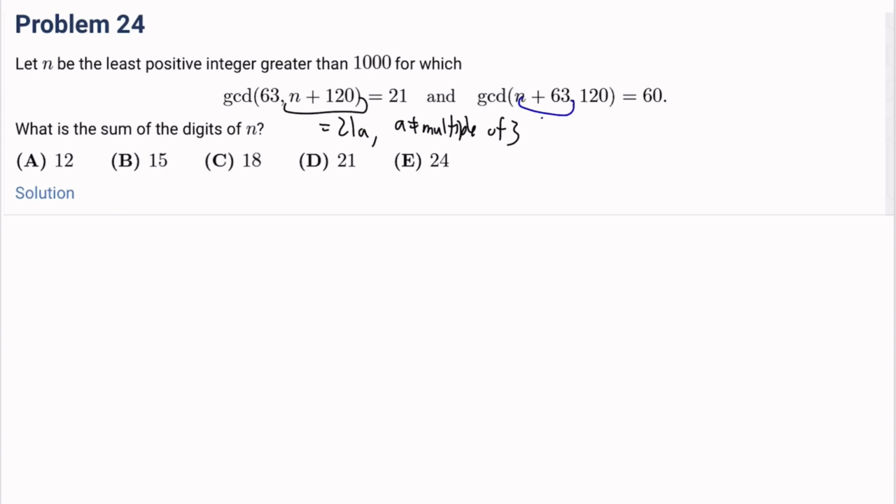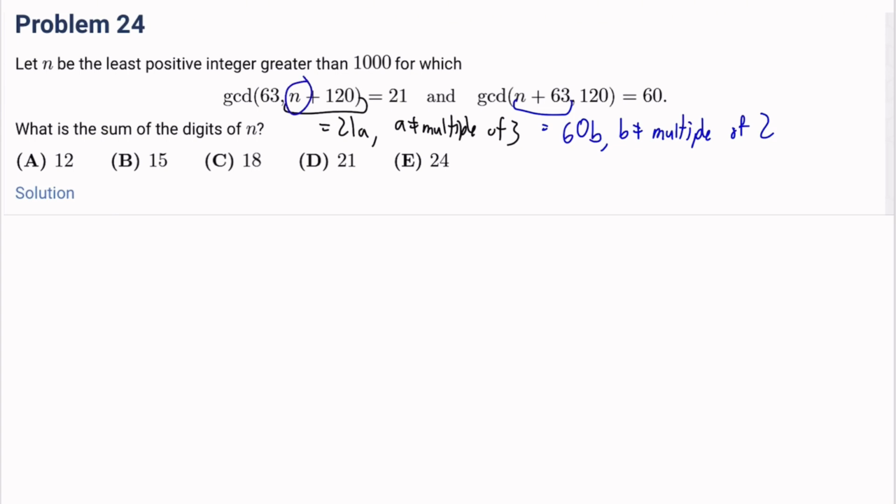Here n plus 63, so 60 is 1/2 times 120, so n plus 63 must be a multiple of 60. So this is 60b. But then here b must not be a multiple of 2, because if b was a multiple of 2, then this would have been 120, not 60.